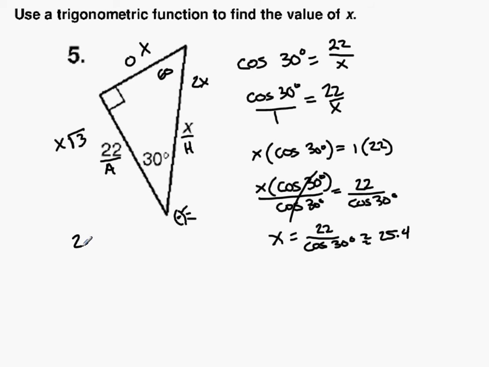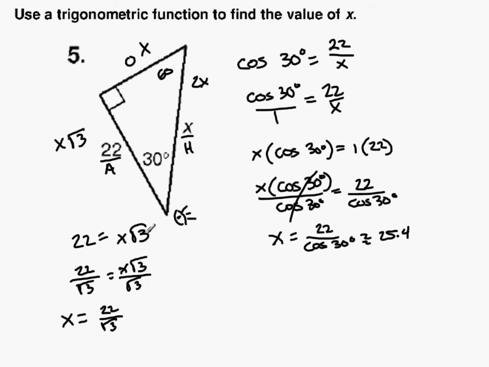So I would go 22 equals x square root of 3. I would now take and divide both sides by the square root of 3. And so I would have x equals 22 over square root of 3.